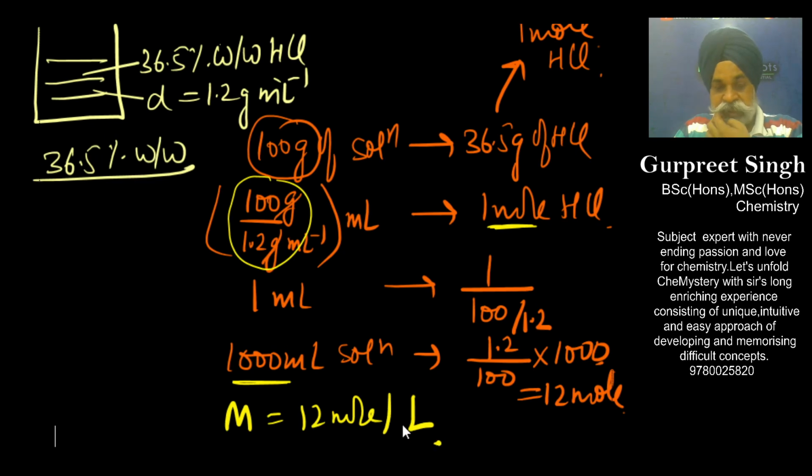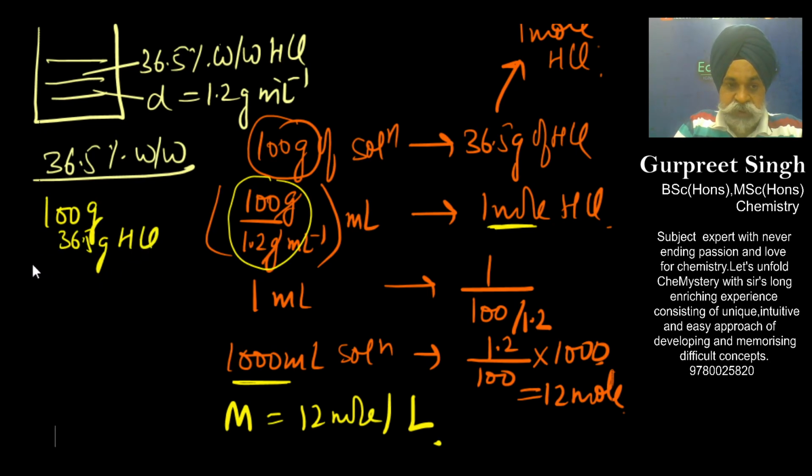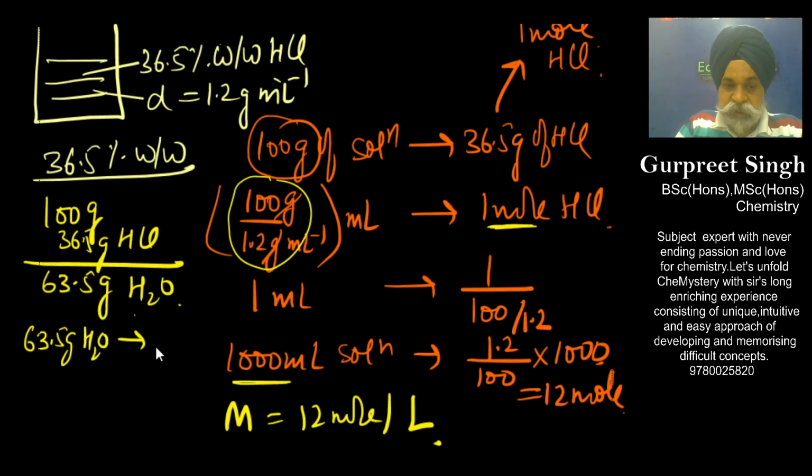Now the other thing you are supposed to find out is its molality. For molality you have to see the weight of solvent. So 100 grams of solution is containing 36.5 grams of HCl, so the amount of water it would be having is 63.5 grams. So 63.5 grams of water is containing 1 mole of HCl.